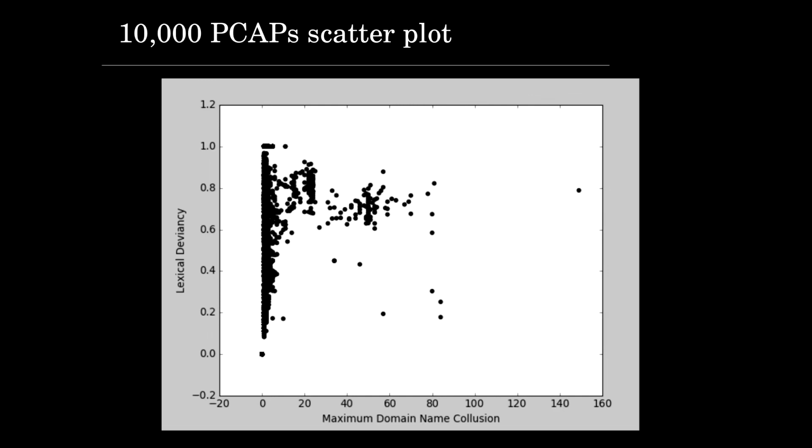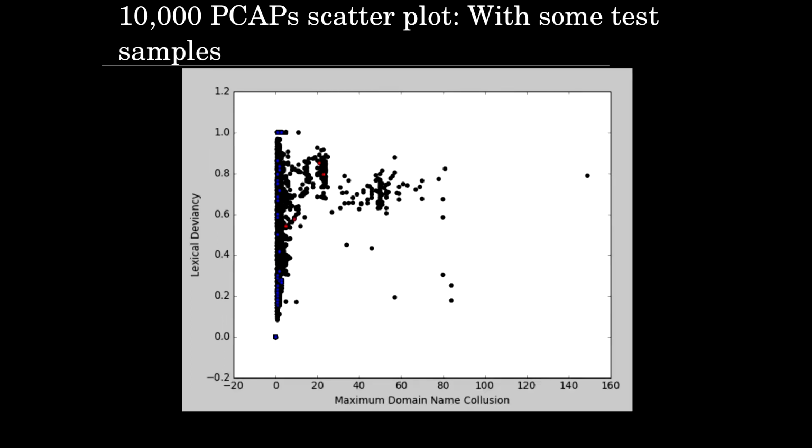Because when we took some test samples, like 100 test samples, just to test the waters, and we labeled them by hand, the DGA samples were in the lump, and all the clean samples aligned neatly across the vertical over there to the left. And if you want a visualization of the classifier itself, that I promised you that I'm going to tell you how it was generated.